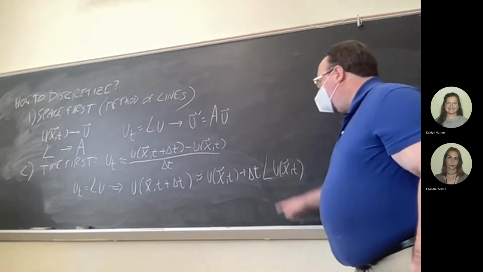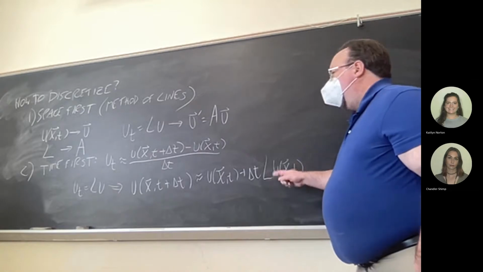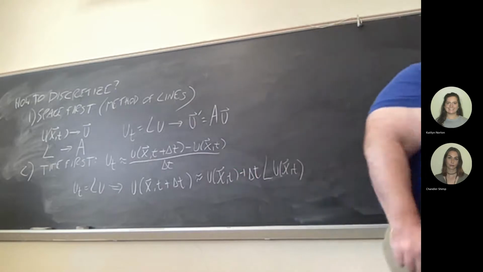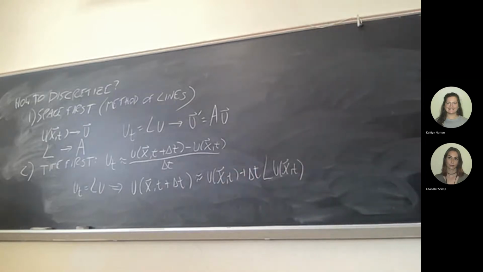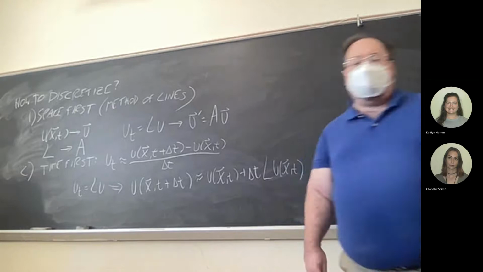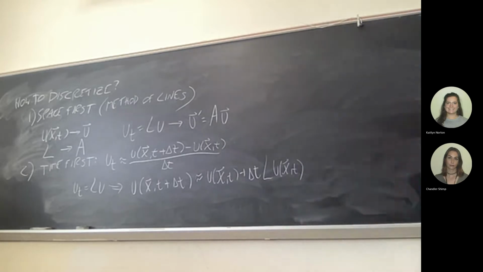But what if you have some way of applying the operator L exactly? Then you have no need to discretize in space. For situations like that, that'd be one good reason to discretize in time first, or maybe in time only. But generally speaking, we use the method of lines.